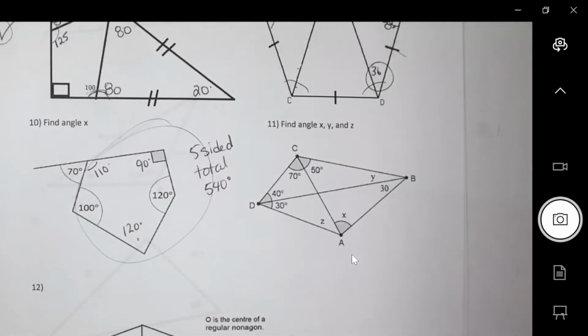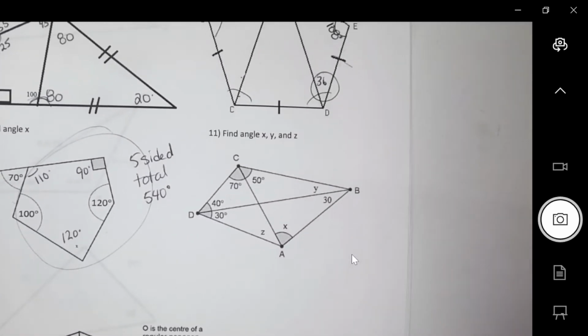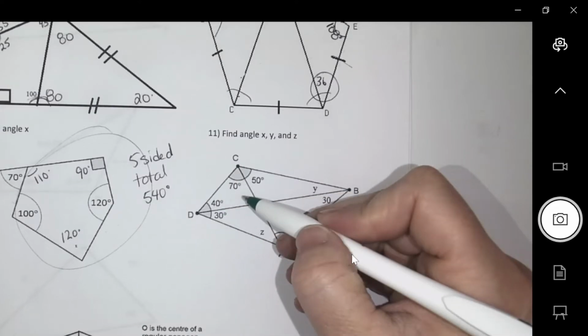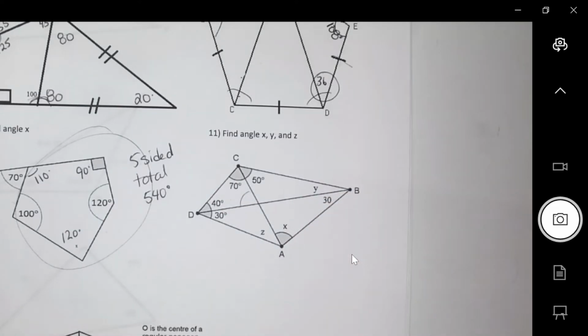All right, next. Let's go here. Let's get 70, 40, and I can get that one in that triangle.